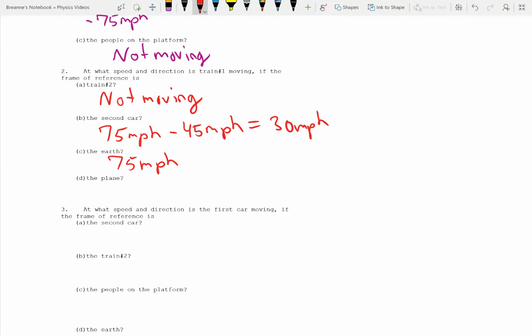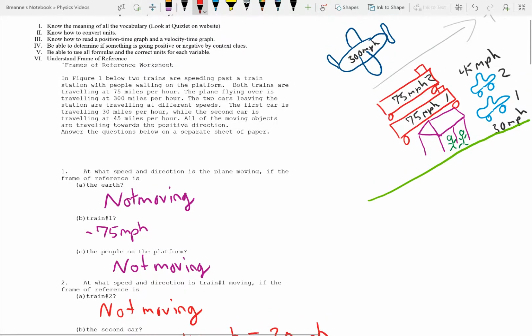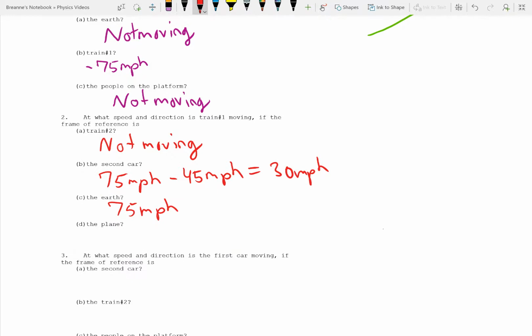Okay, to the plane. I was about to show you how fast the plane looked like it was moving compared to the train. But we're trying to figure out how fast the train looks like compared to the plane. So we have to do 75 miles per hour minus your 300 miles per hour.